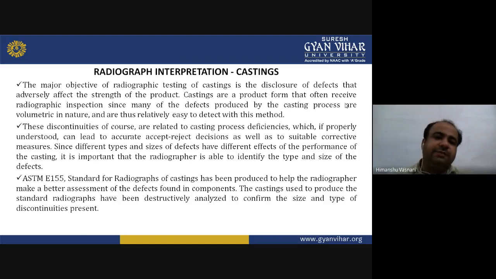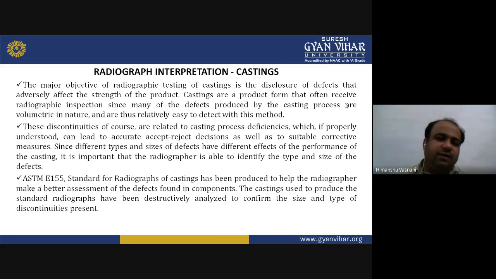Since different types and sizes of defects have different effects on the performance of the casting, it is important that the radiographer is able to identify the type and the size of the defect. Only after that can he suggest corrective measures, or accept or reject it.